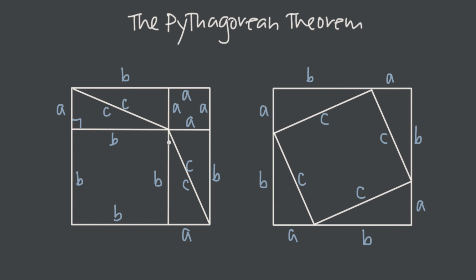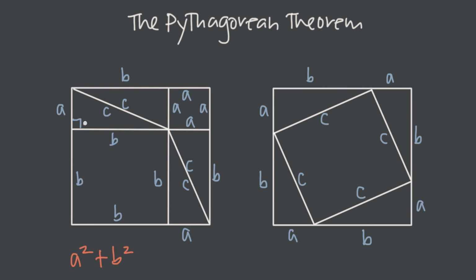So if I look at the square over here on the left, I know I have this little square, A times A, so the area of this small square is A squared. The area of this large square is B times B, or B squared. The area of each triangle, remember the formula for the area of a triangle is 1/2 times the length of the base times the length of the height.